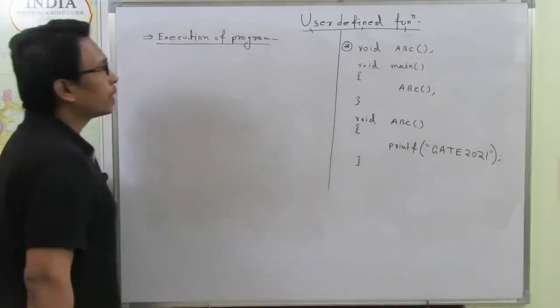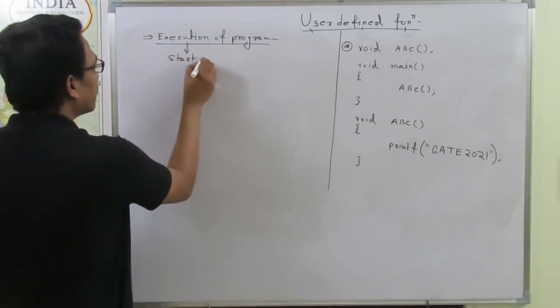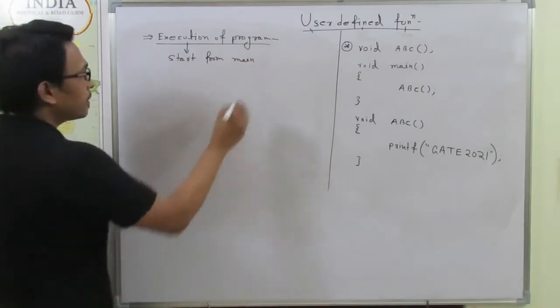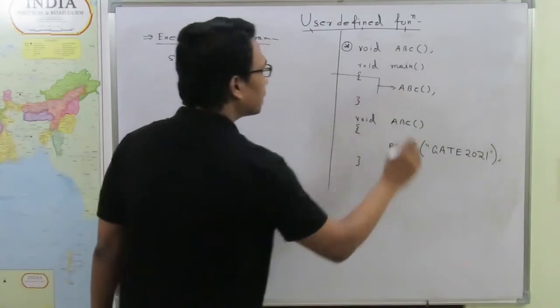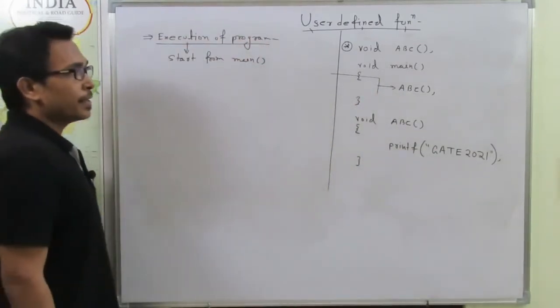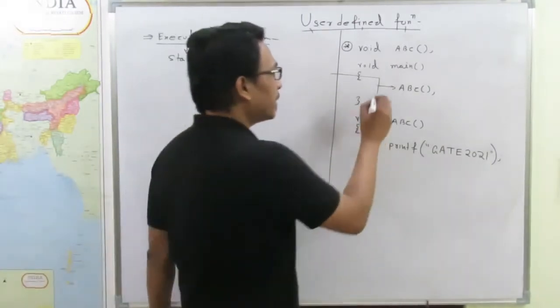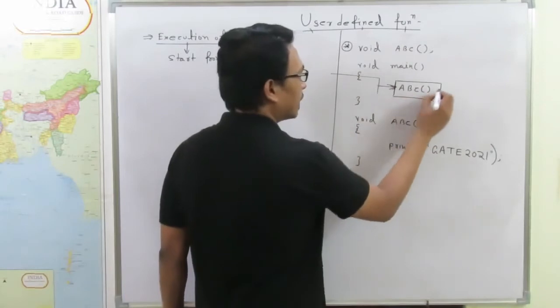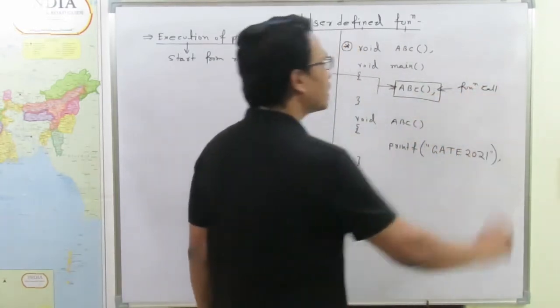Now look, the program starts execution from main function. That means the program starts execution from here and comes to the abc part. Now what happens? Whenever system finds an instruction that is a function call, this is our function call, what will the system do?